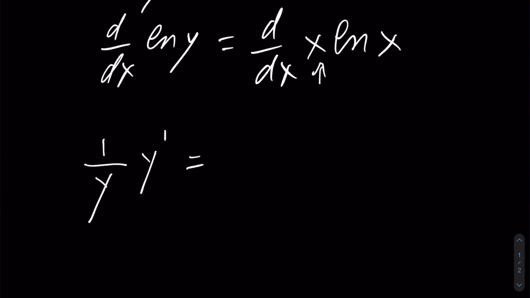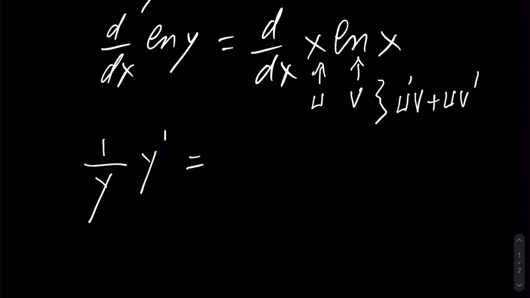We have the first function we can call u and the second function we can call v, and this leads to the product rule, which we can remember with u prime times v plus u times v prime.